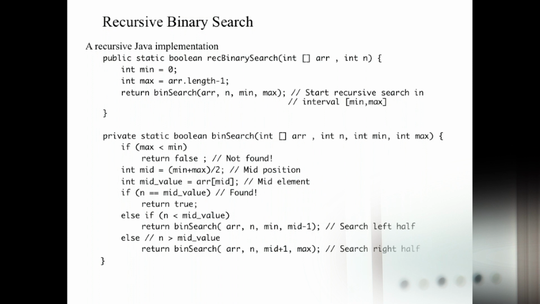Okay, and we need two variables to find the middle, like the minimum position and the maximum position, and from that we can find out the middle value. And then we have another method with the name of binary search, which is actually a recursive one, and we pass the array in which we want to look, and the value, and the starting position, and the ending position.